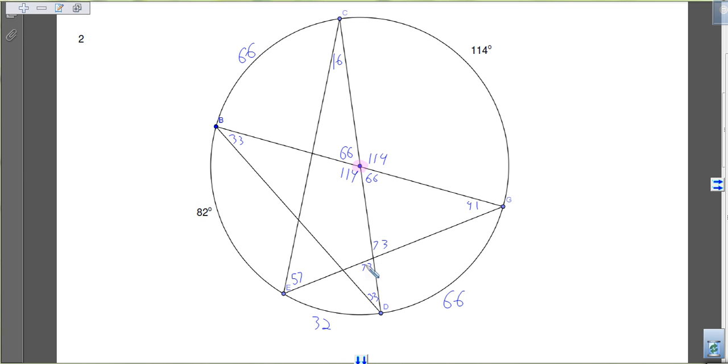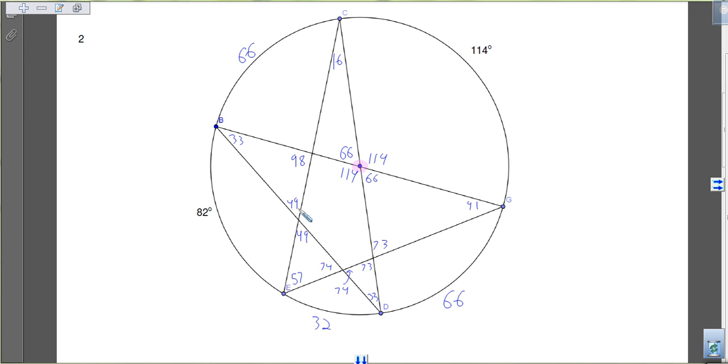Once I get that one, I get this one. 73 and 33, plus whatever goes here has to add to 180, and that measure is 74 degrees. So if that's 74, then this is 74. And 57 plus 74 plus this is equal to 180, so that is 49 degrees. That's 49, and this is 49. And I can subtract from 180 to get 98.